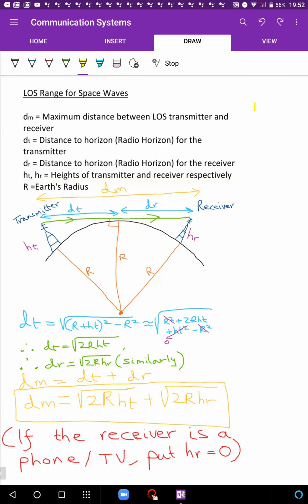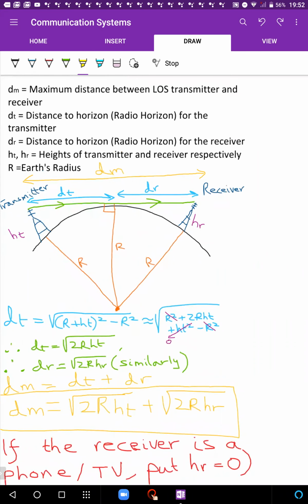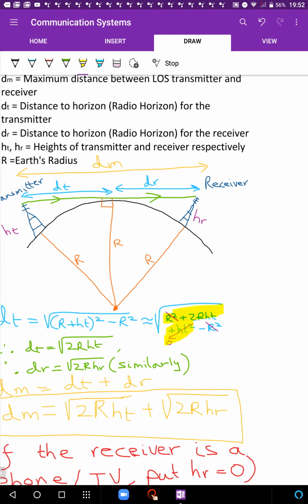So, simple formula: dt, by Pythagoras theorem, is root of (r plus ht) the whole square minus r square. You could apply the binomial theorem, or you could even just expand the square. (r plus ht) square is r square plus 2r ht plus ht square. On expanding, r square cancels, and ht square I can say is quite negligible compared to 2r ht, because r is a lot bigger than ht.